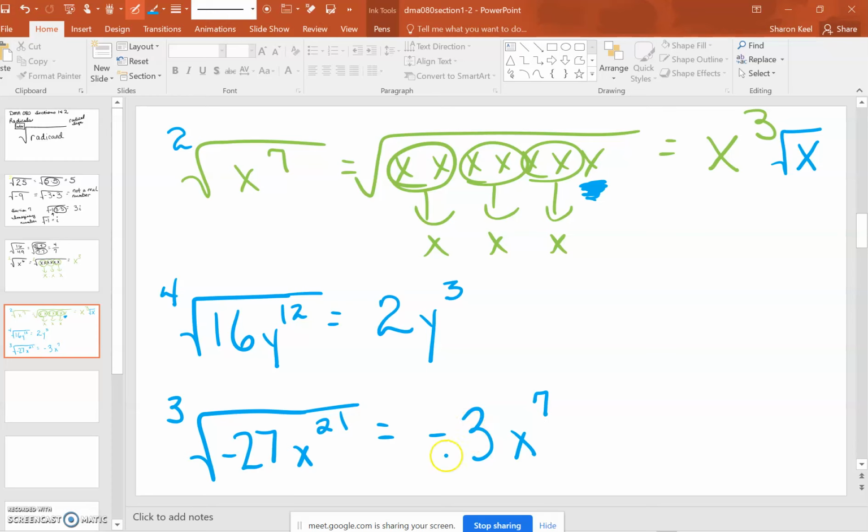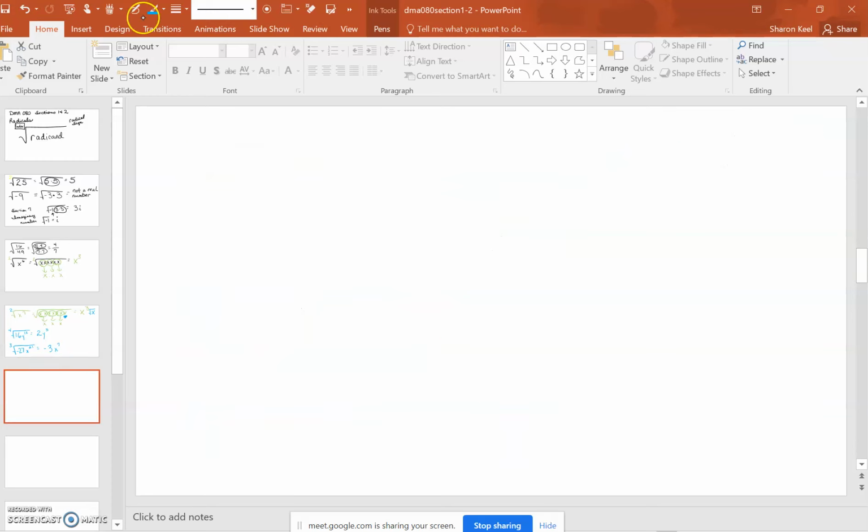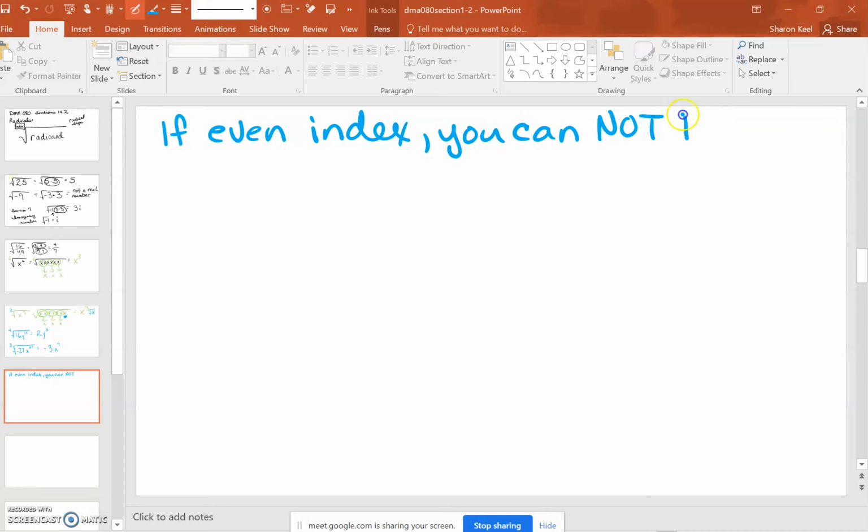You can have negative answers if your index is odd. So let's make note of that. If even index, you cannot have a negative answer.